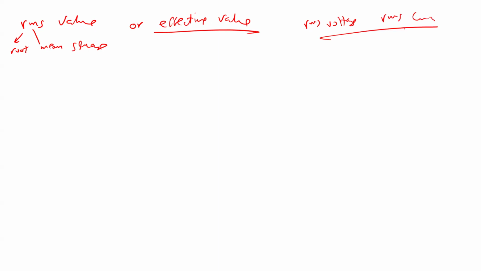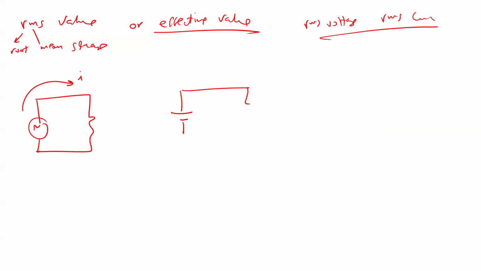I just want to explain what this means. For example, if you have an AC source and a resistance this way, with the current flowing this way. And now I have another, DC source, with the same resistance R, but here the current is a DC current.